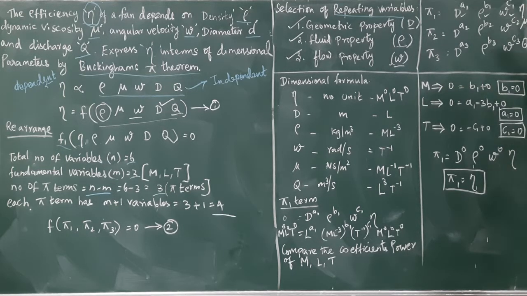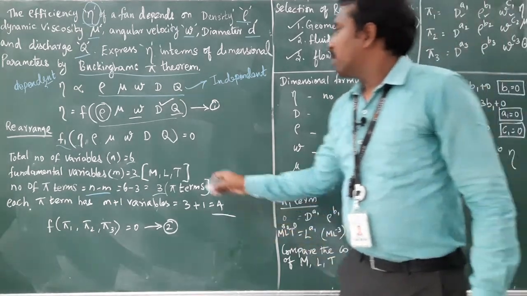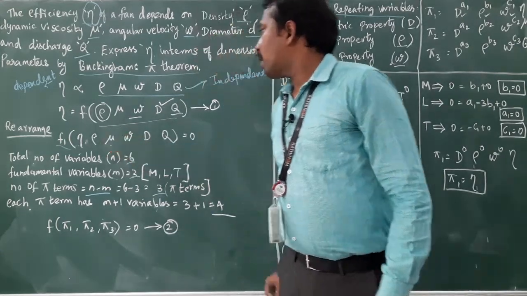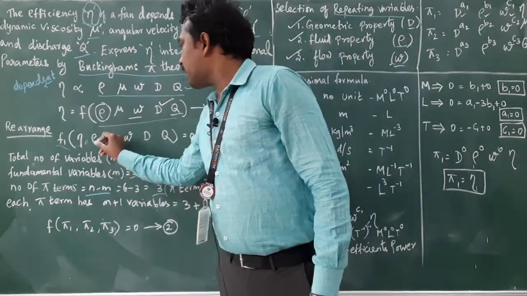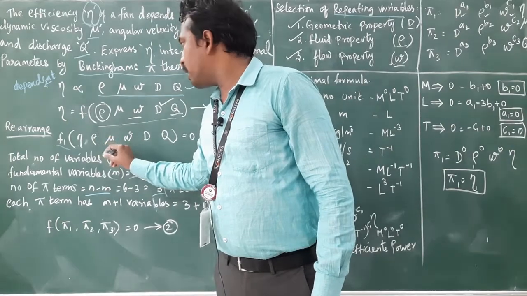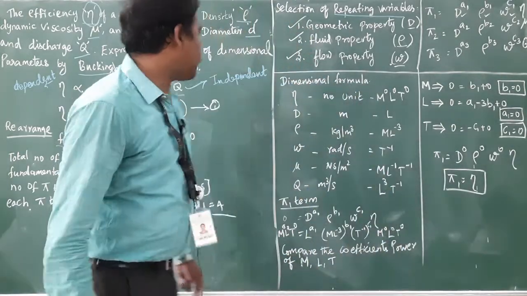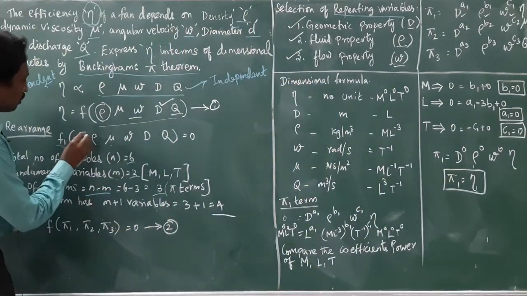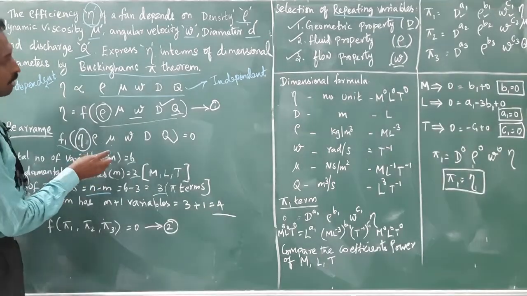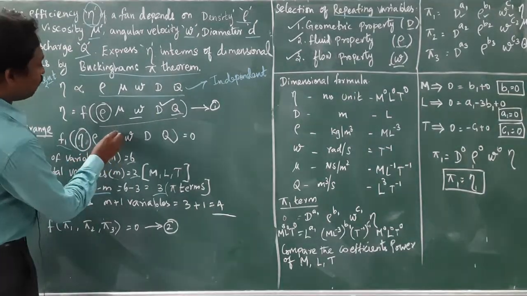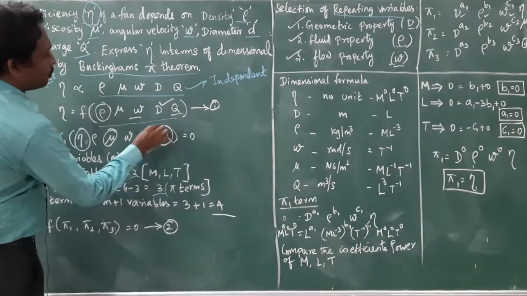Next, we need to add one more variable in each pi term. From this equation, select other than the repeating variables, which are efficiency, mu and q.